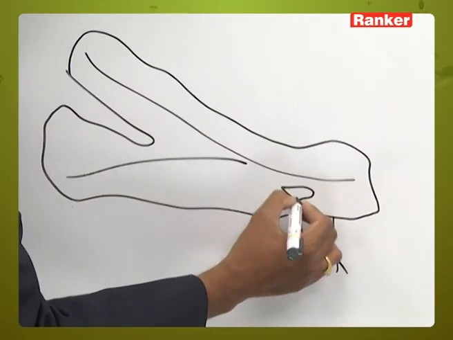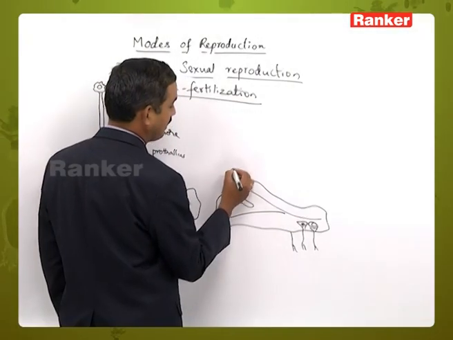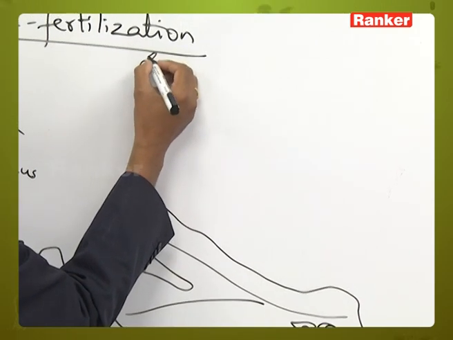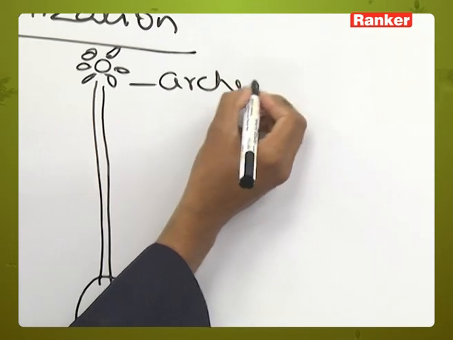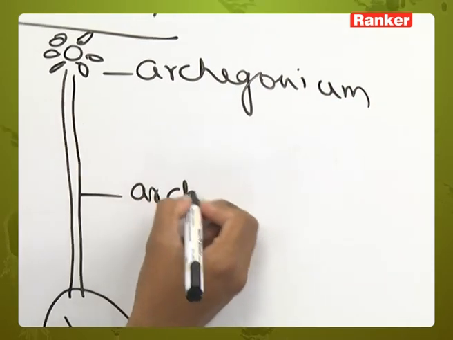So they also have the receptacle which contains the gemma, and on one tip it produces the archegoniophore, and at the tip of this archegoniophore the archegonium is produced. This is the archegonium and this is the archegoniophore.